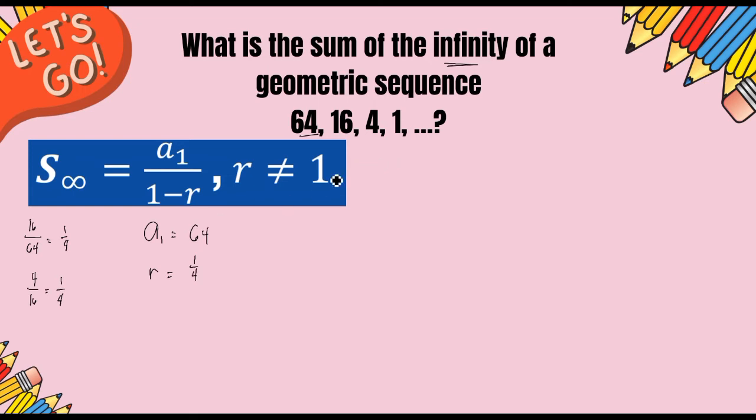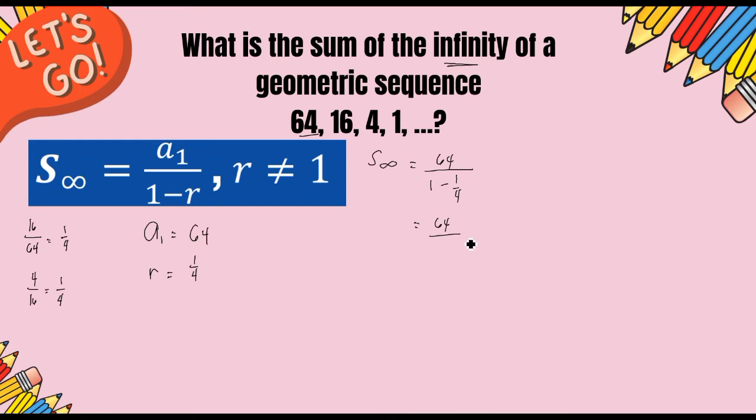Then, let us substitute to get the sum of the infinity. So, S of the infinity is equal to 64 over 1 minus 1/4. And that is equal to 64 over, so, 1 minus 1/4.